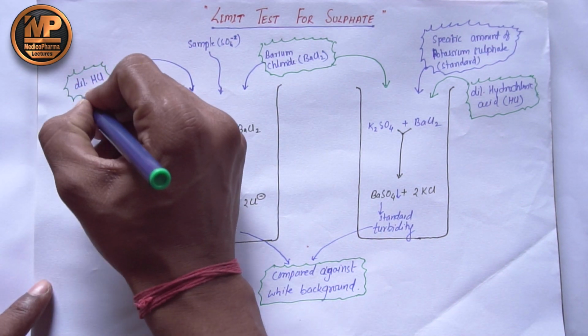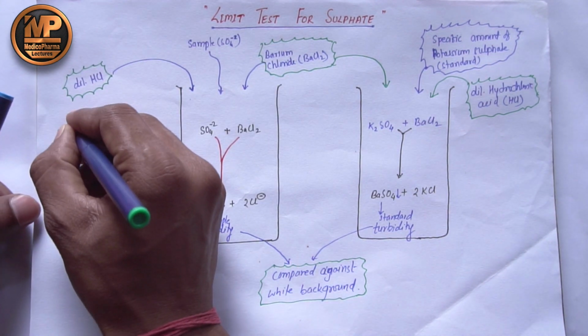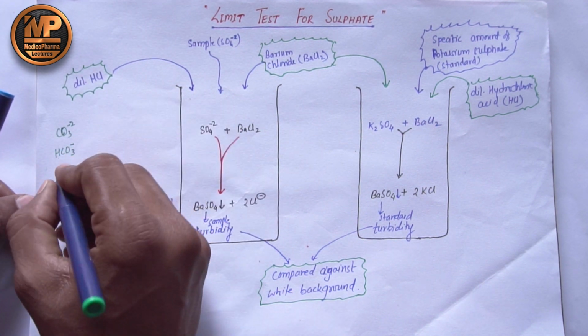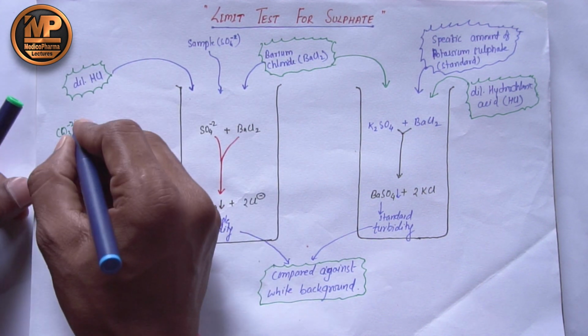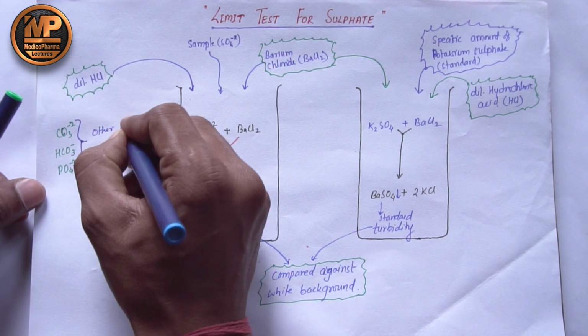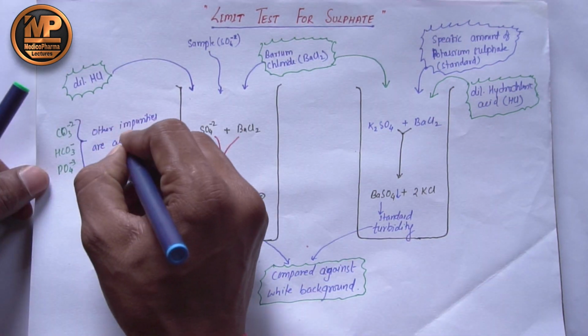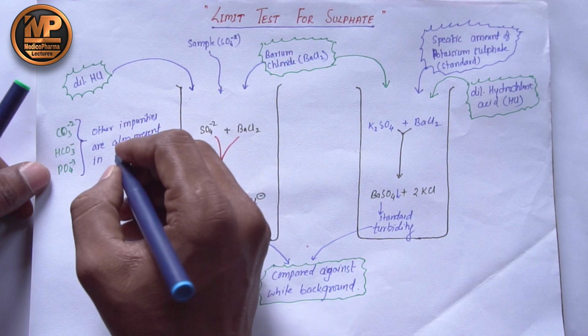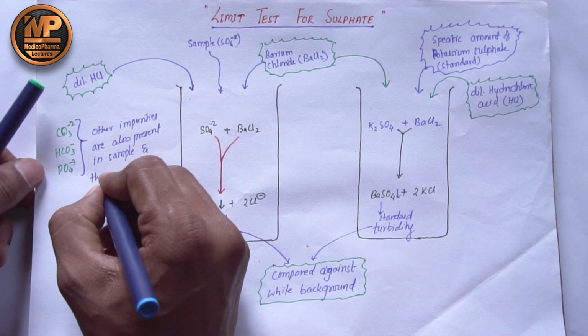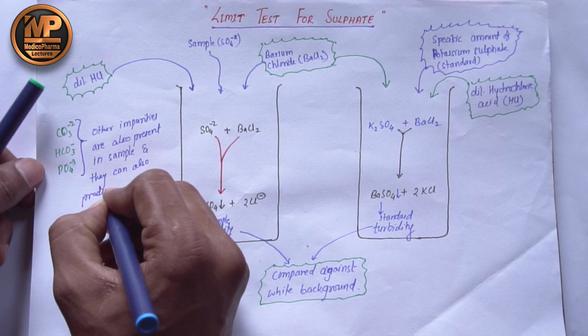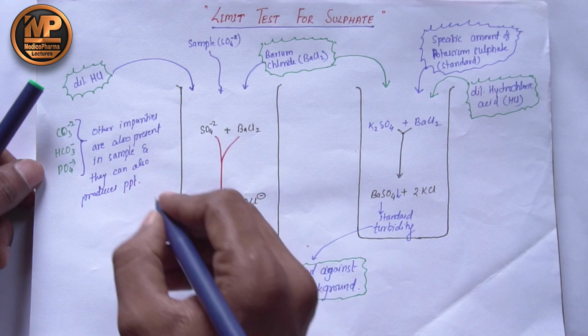Now we will discuss why we add dilute hydrochloric acid. There are other impurities like carbonate, bicarbonate and phosphate which may be present in the sample, and they can also produce precipitate, which will interfere with the turbidity produced by our sample.